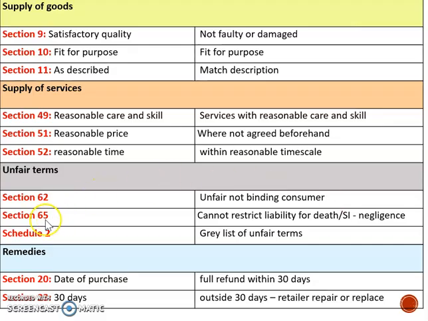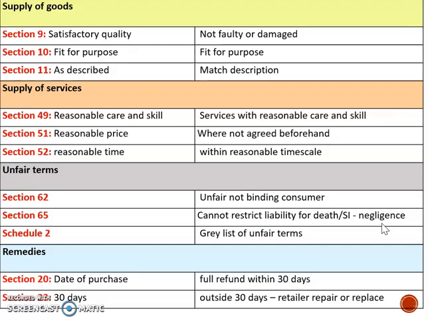Section 65 is quite important for us because it implies a term that a contract cannot restrict liability for death or serious injury caused by negligence. So if, for example, Liam has a contract to put in a new boiler in someone's house, and in his contract it says, I won't be held liable if everyone dies of carbon monoxide poisoning if I put this in wrong.